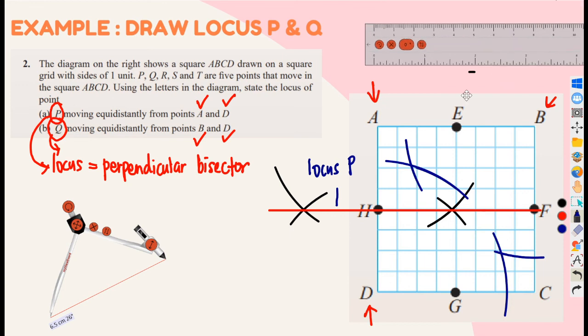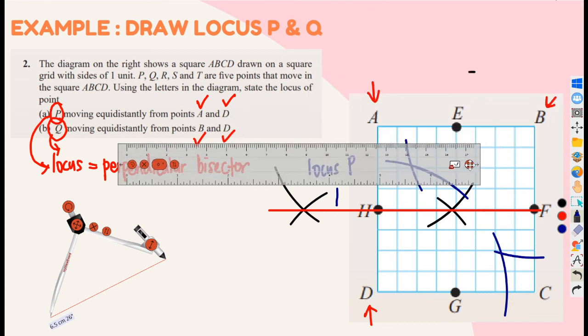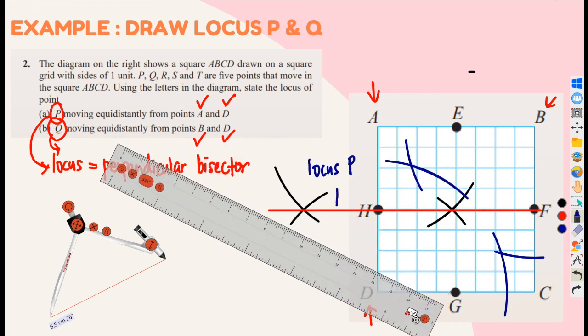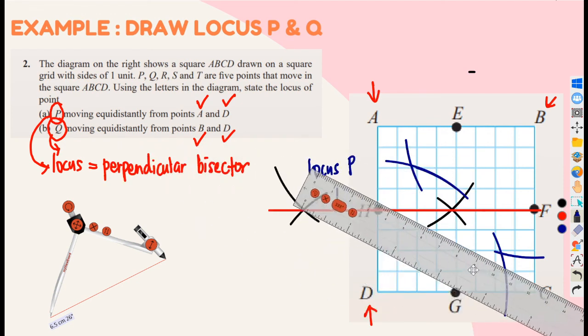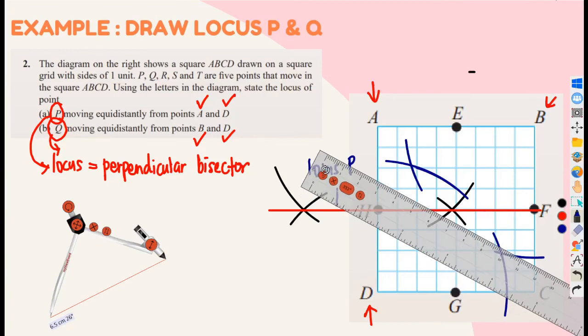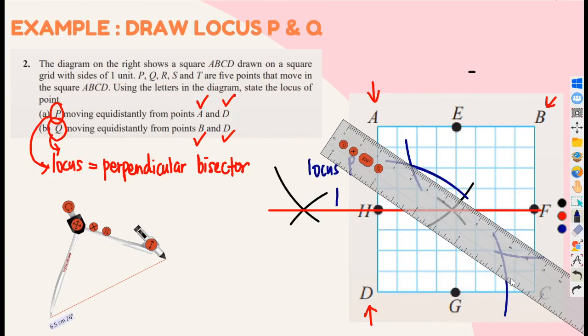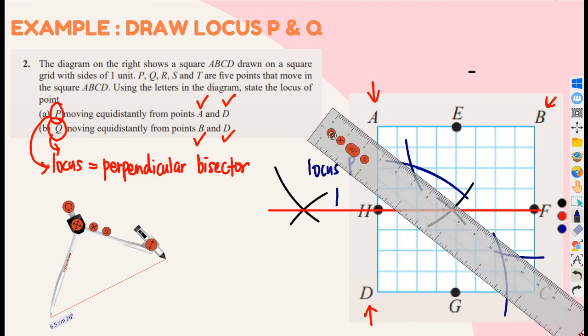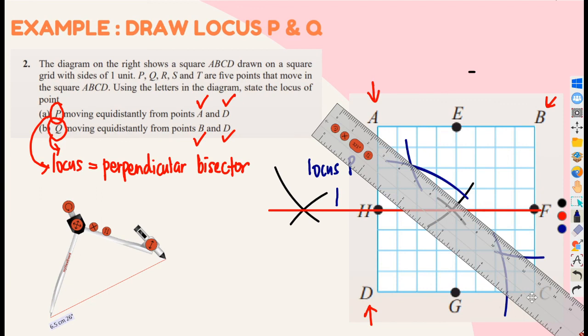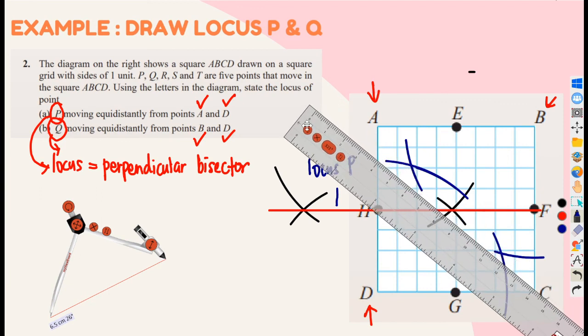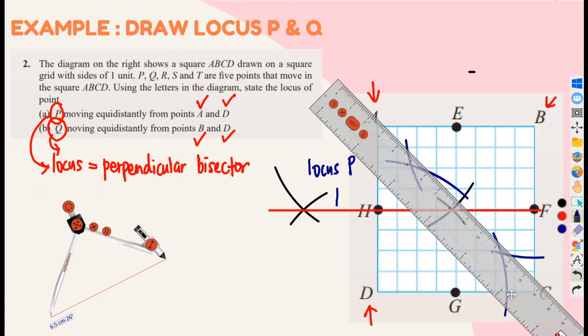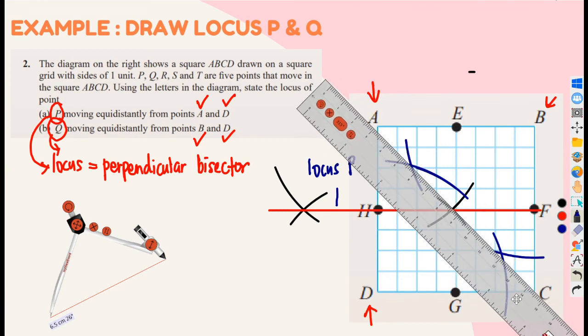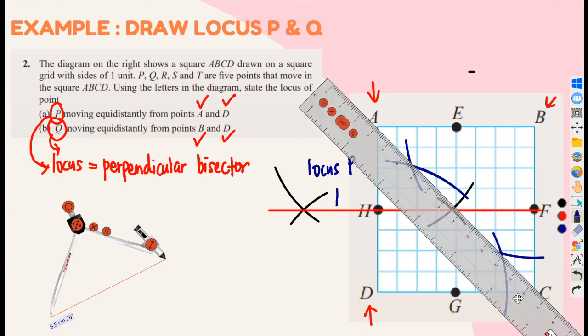Next, you take your ruler. Here is the first intersection. Now you adjust this one.